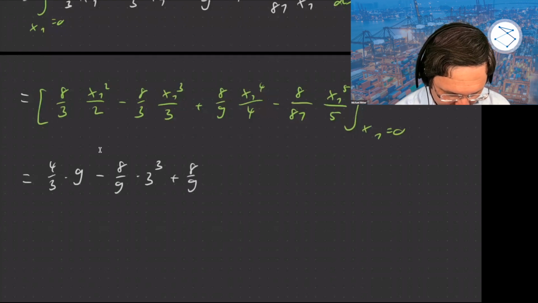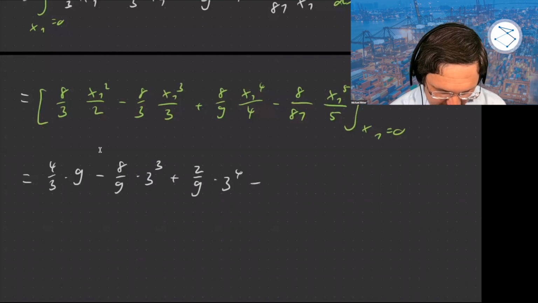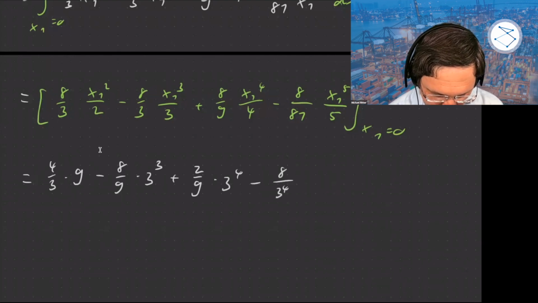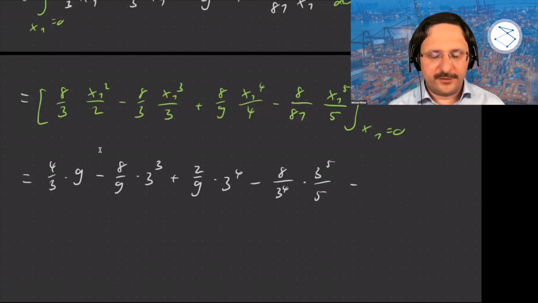You can cancel out the 4 actually. So that's 2 over 9 times 3 to the power of 4. And here we have 8 over 81, and that 81 is 3 to the power of 4, times 3 to the power of 5 over 5, and the lower bounds are all 0.